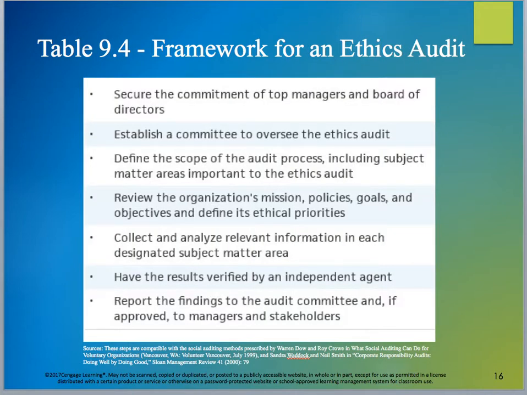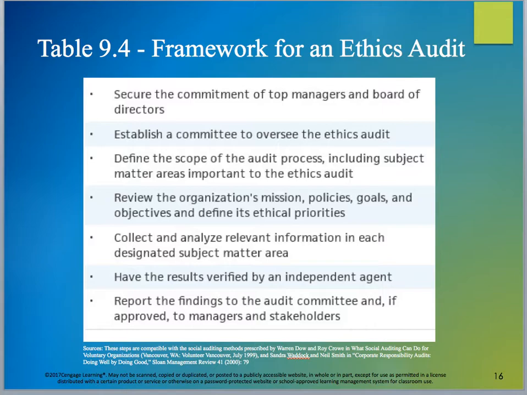Table 9.4 is the framework for an ethics audit. Secure the commitment of top managers and board of directors. Establish a committee to oversee the ethics audit. Define the scope of the audit process, including subject matter areas important to your audit. Review your mission, policies, goals, and objectives, and define your priorities ethically.